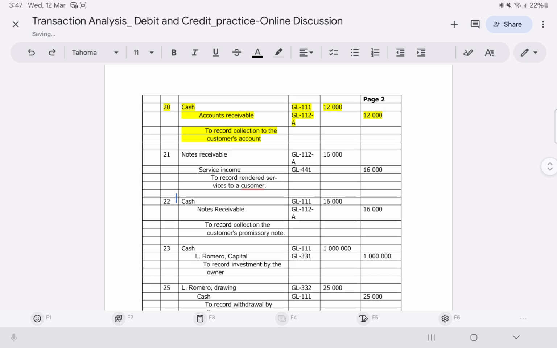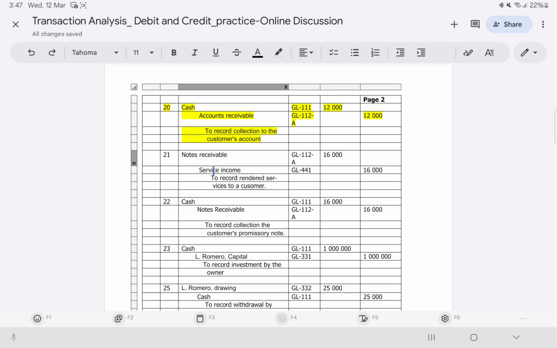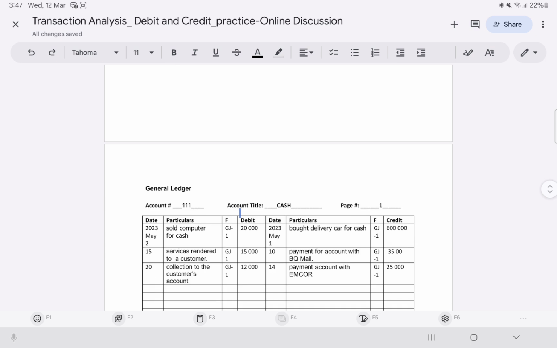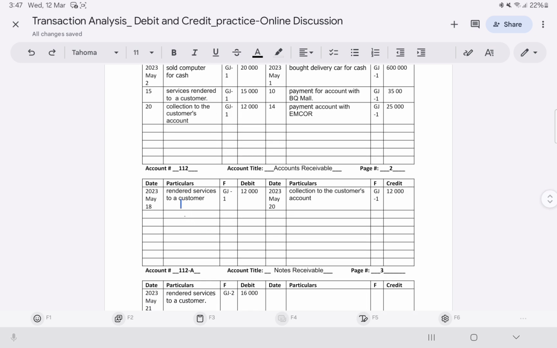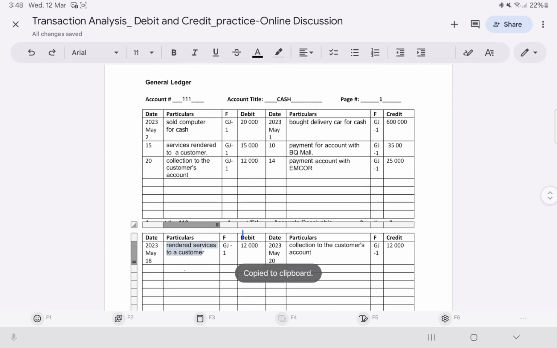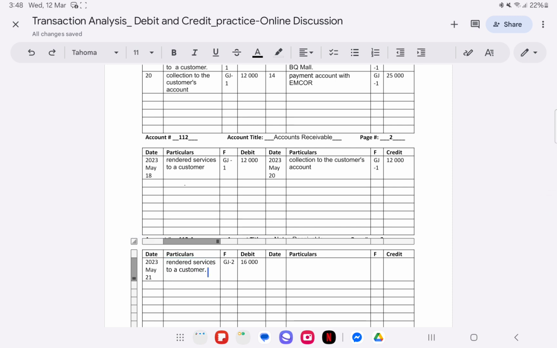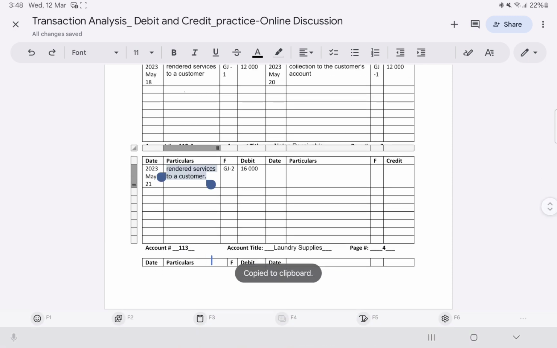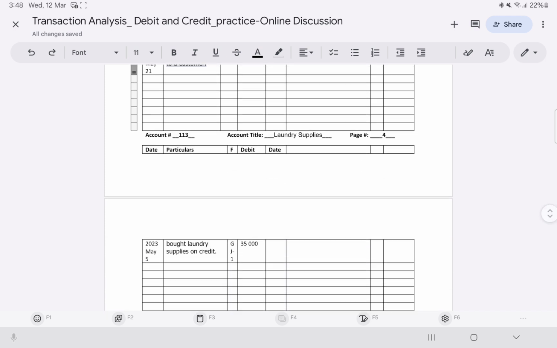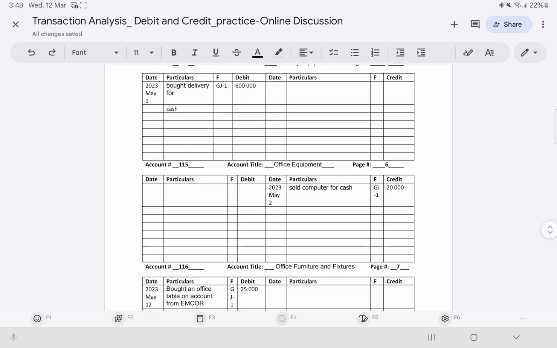Okay, that's May 21. Then credit service income. So what's the amount? Service income, May 21, 16,000.